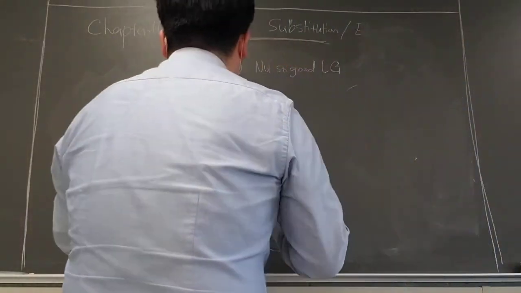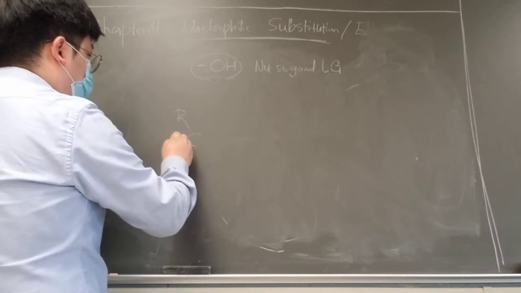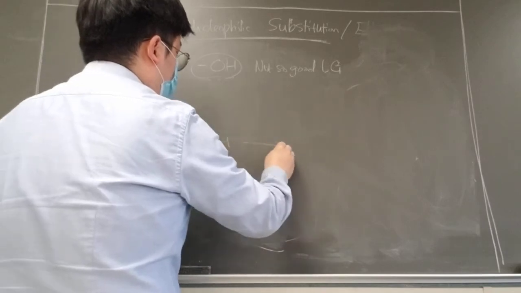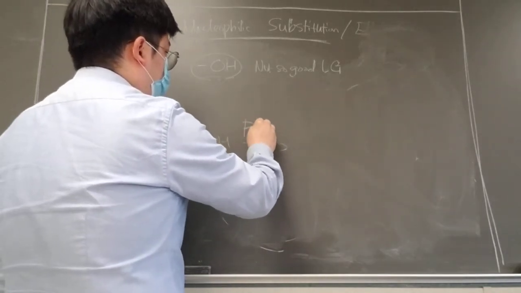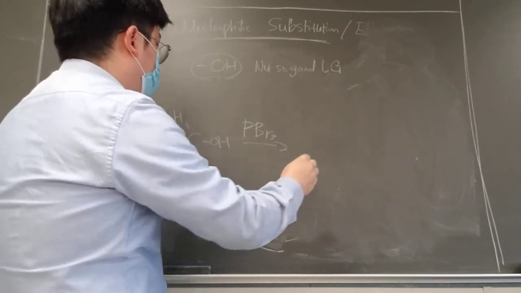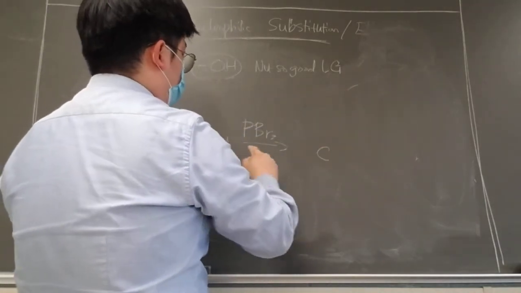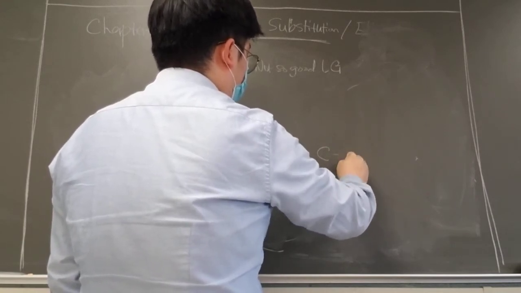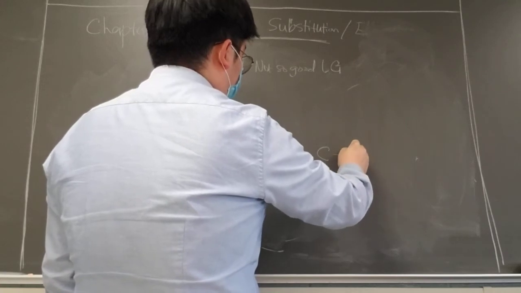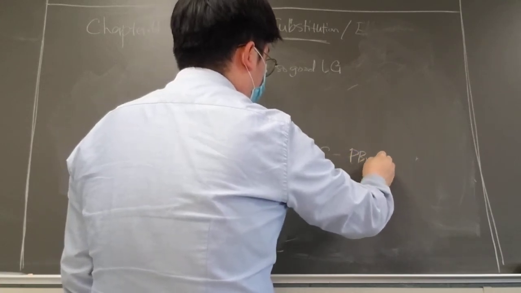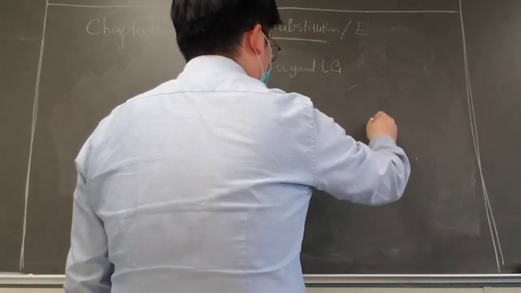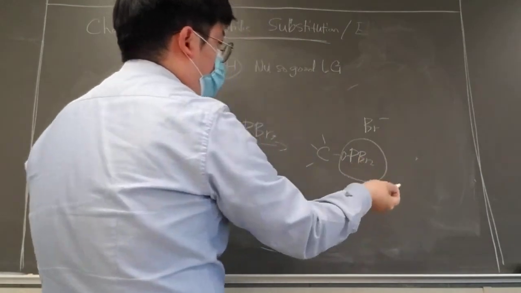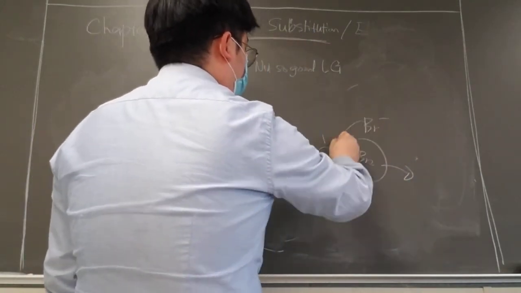You can do the same with this one. Maybe I have my primary alcohol right here. You can use phosphorus tribromide here, and it does the same thing. The hydroxy group is replaced by PBr2, and bromine comes in, and this makes a better leaving group again, and it goes right here.